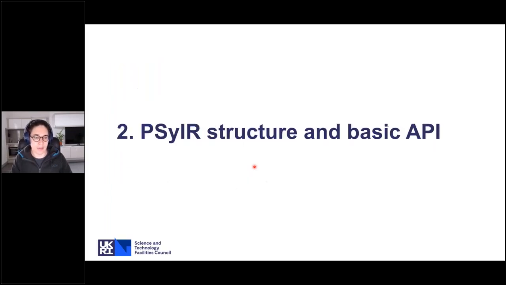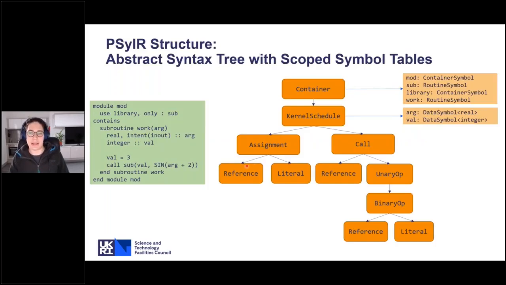So the next thing I'm going to talk about is its structure. The PSyIR is structured as an abstract syntax tree with scope symbol tables. I don't know if you are all familiar with this data structure. This is a very common structure in compiler theory. I made here a representation of an abstract syntax tree of the code on the left-hand side.